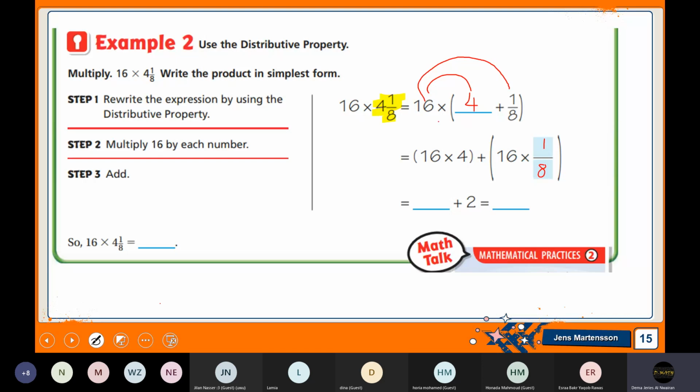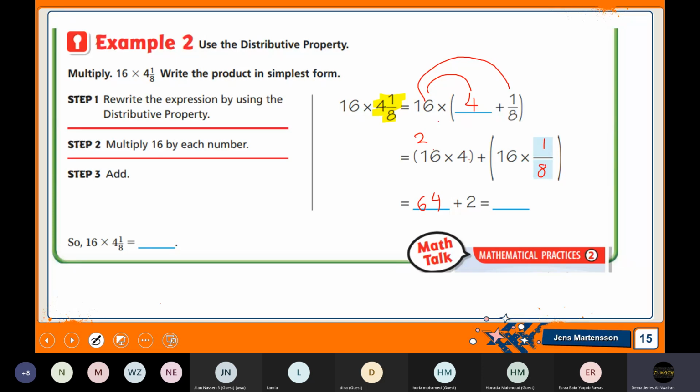Is it clear? Yes, miss. Then 16 times 4: 4 times 6 is 24, 4 times 1 is 4, so 64.